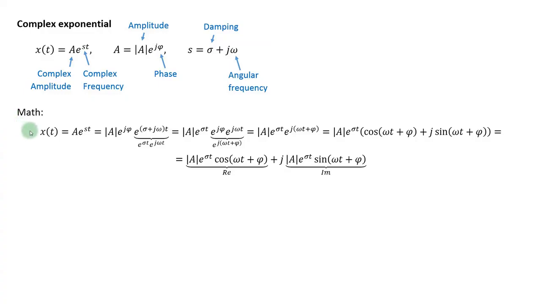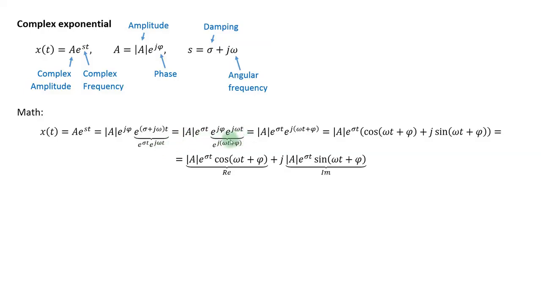So first the math. When I write down the complex exponential, I can substitute this expression for the complex amplitude and this expression for the complex frequency. When I do that, I will get this. Here I can break this exponential into these two exponentials. That will give me this.